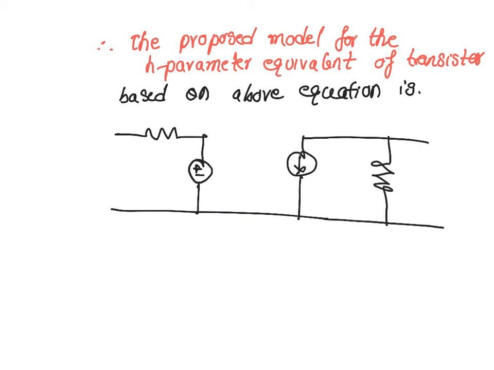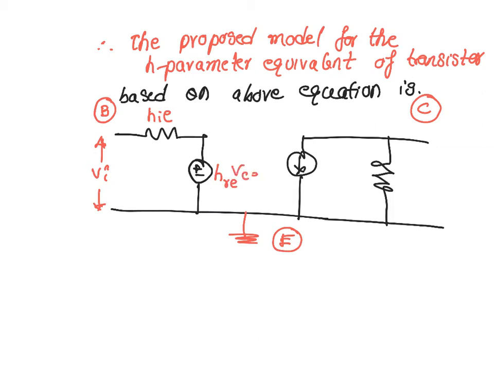Here the input is considered as Vi, the input voltage source, and the input terminal will be base, the common terminal between input and output will be emitter, and the output terminal will be collector. The value of this resistance will be HIE and the voltage source value will be HRE into VCE.